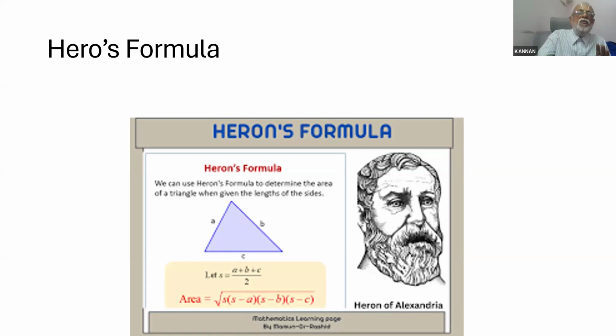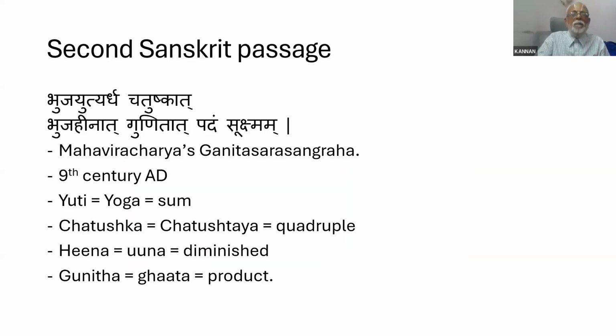Now we have made four historical remarks about Brahmagupta's formula. Next, we are going to other books. So far, we have discussed Brahmagupta's one book, Brahma Sphuta Siddhanta. But there are many other Sanskrit books.